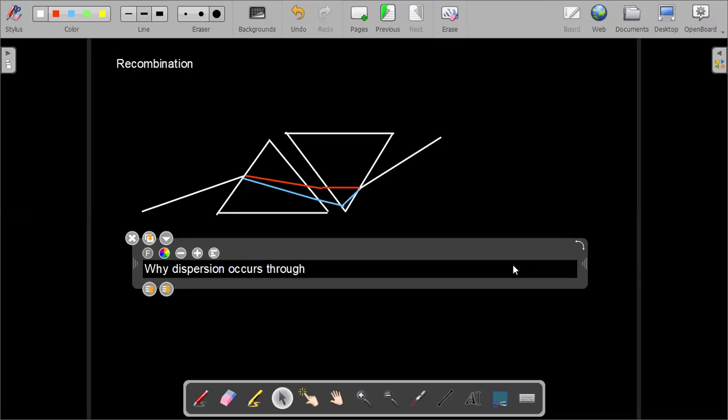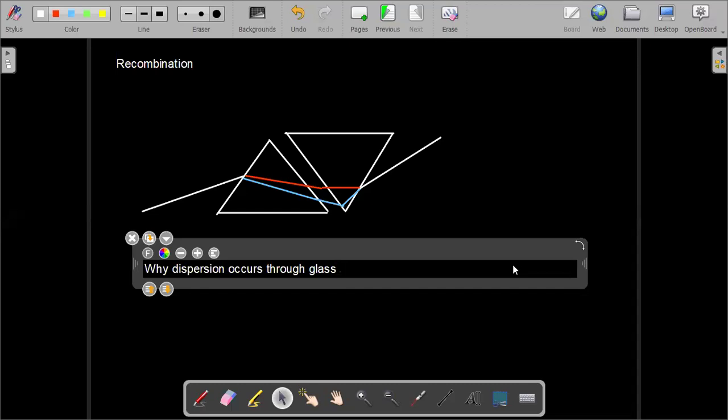Sumukh? Sir, because the two refracting surfaces are parallel to each other. So what happens by that? The difference in refracting rays will disperse. Angle of deviation.